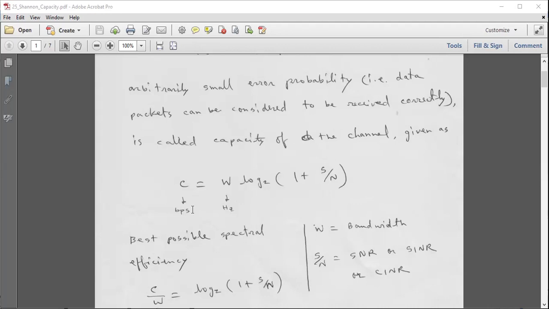If it is 15, then it is already very, very high. Okay, got it? Yes, sir. So that is called spectral efficiency. The last term we want to discuss now is spectral efficiency.